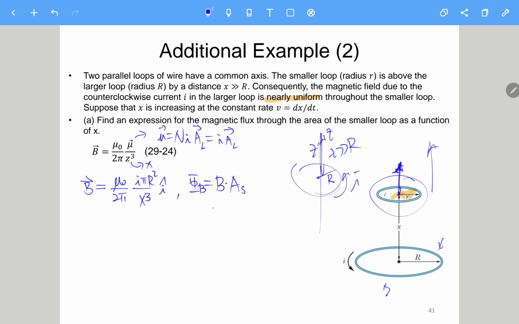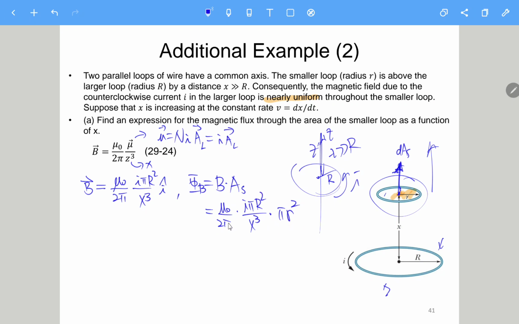So B is mu 0 over 2 pi times I pi r squared over x cubed, times AS, which is pi small r squared. We drop all the vectors because B and dAS are parallel, pointing in the same direction, so the dot product is just the product of the magnitudes.